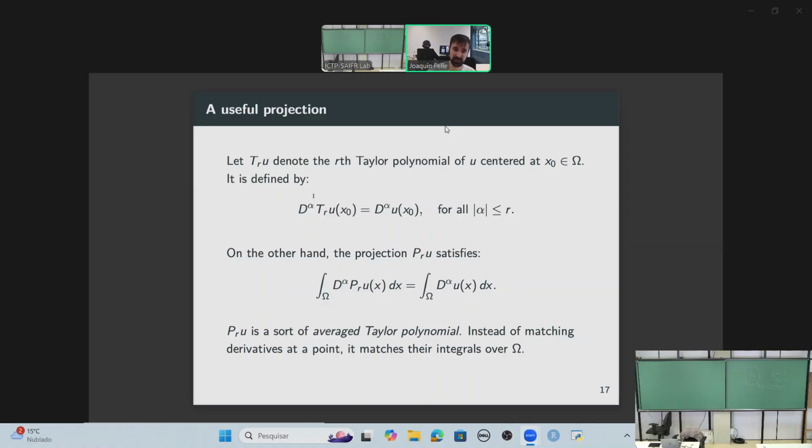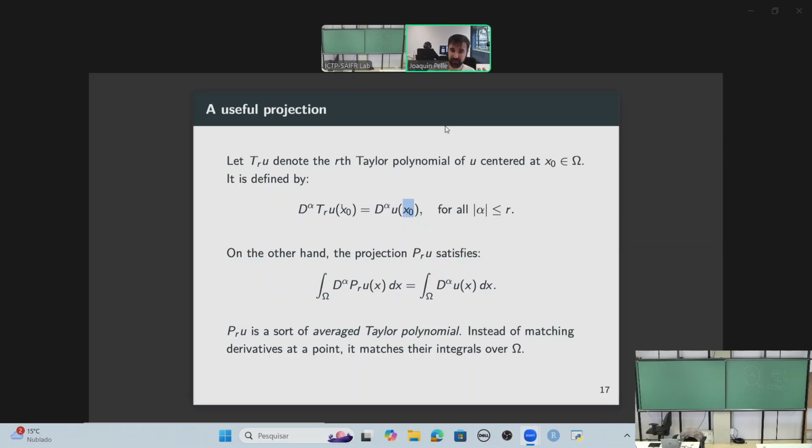We define the Taylor polynomial here by demanding that its derivative evaluated at the point x0 coincides with the derivative of the function itself that I am trying to get the Taylor polynomial of, when I evaluate it at x0.